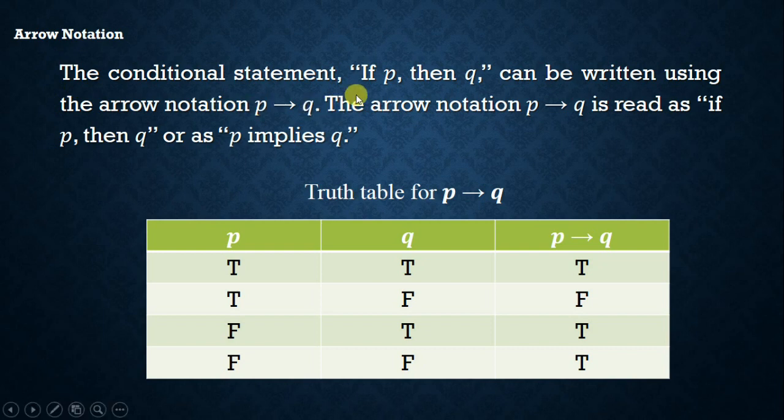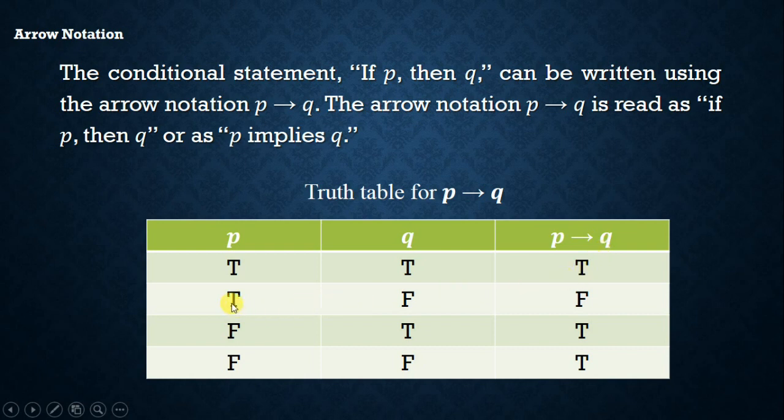The conditional statement if P then Q can be written using the arrow notation. This notation is read as if P then Q, or as P implies Q. So we have here the truth table for P implies Q. If P is true and Q is true, then P implies Q is true.